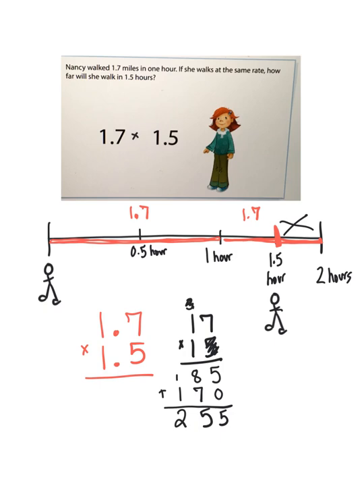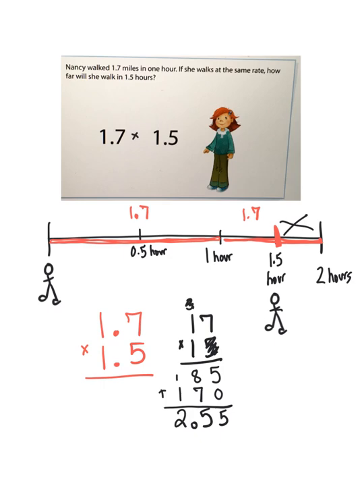So now the question is, where does our decimal point go? It makes sense to say that the amount of distance she was able to go is probably between 2 and 3 miles. So I'm going to predict that our decimal point goes here, because that would show about 2.5 miles that she walked.